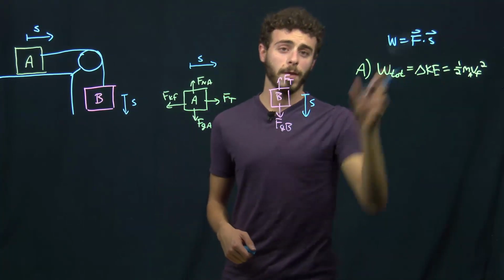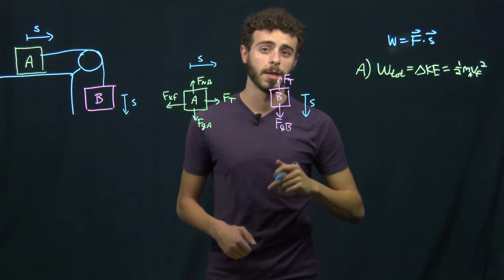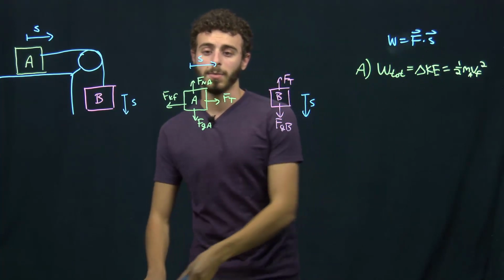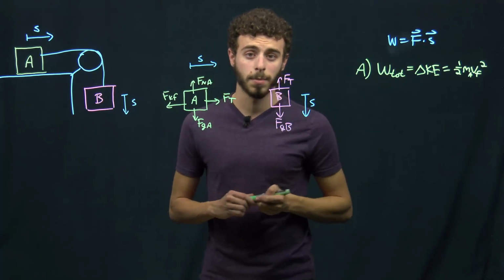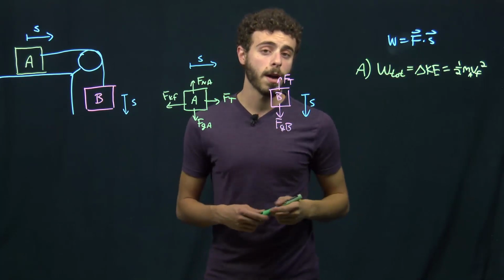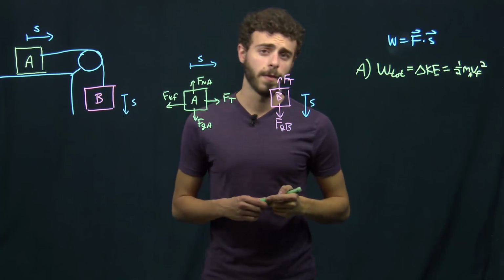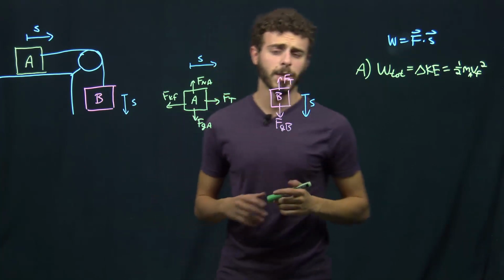This is the form of work: force dot displacement. In this case, the gravitational force and the normal force are both perpendicular to the displacement vector, and if you remember dot products, the dot product of two perpendicular vectors is always 0. So that's one way to see it.